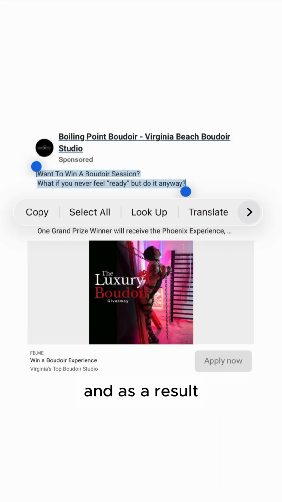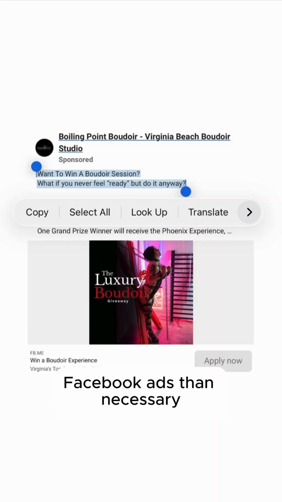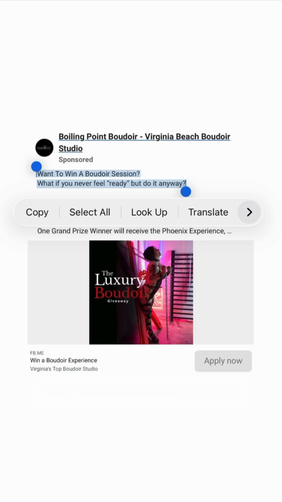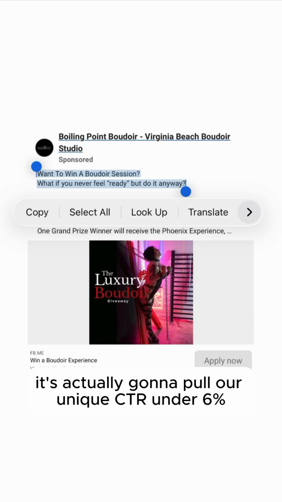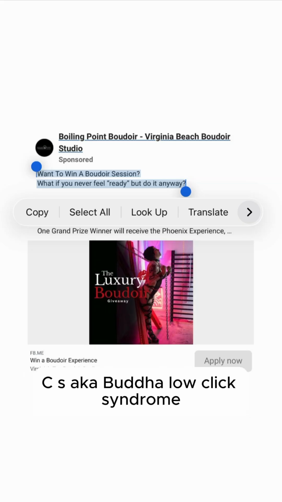And as a result, we're going to have way, way, way more women scrolling by our boudoir Facebook ads than necessary. And it's going to pull our unique CTR under 6% and increase the probability that we have BLCS, aka boudoir low click syndrome.